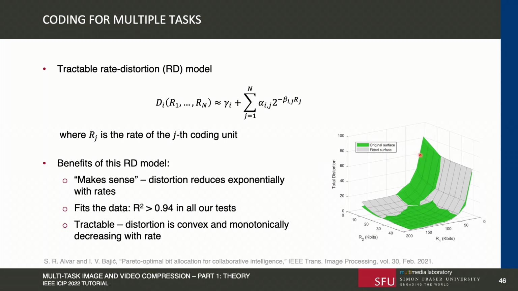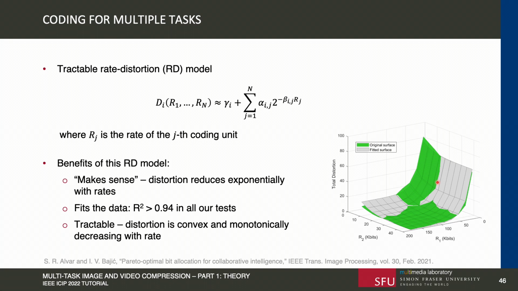And so the green surface corresponds to measured distortion at the given rates, whereas the gray surface is the fitted surface, and the fit is quite good. In most of our tests, we obtained the R-square coefficient of 0.94 or higher, which indicates a pretty decent fit between the measured surface and the fitted surface.